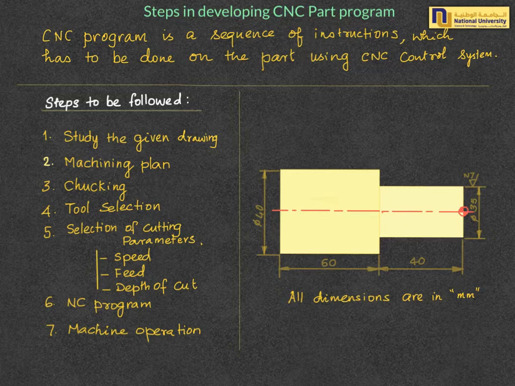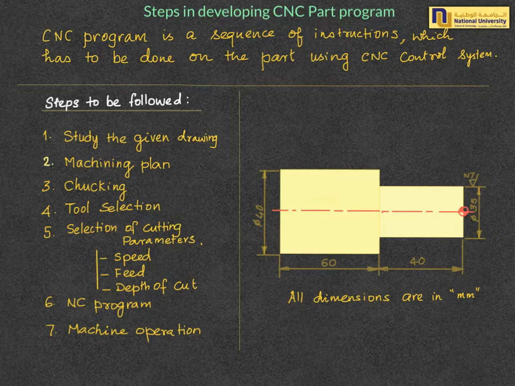Then, after studying, a machining plan is arrived at, followed by deciding the chucking area, which is chucked either by using a soft jaw chuck or a hard jaw chuck. Later, the tooling selection is based on the surface finish required for the given component.